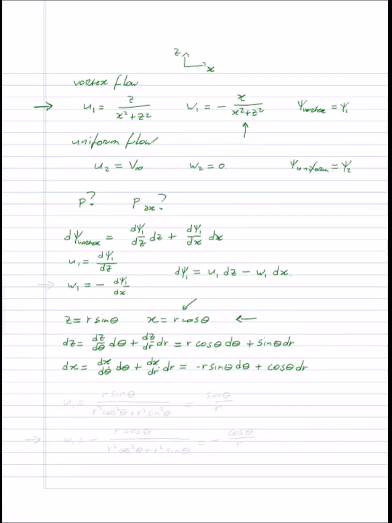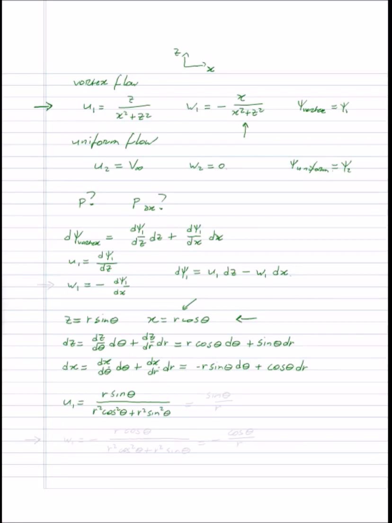So if we do that, we're going to get u1 is going to be r times sine theta divided by r squared cosine squared theta plus r squared sine squared theta.